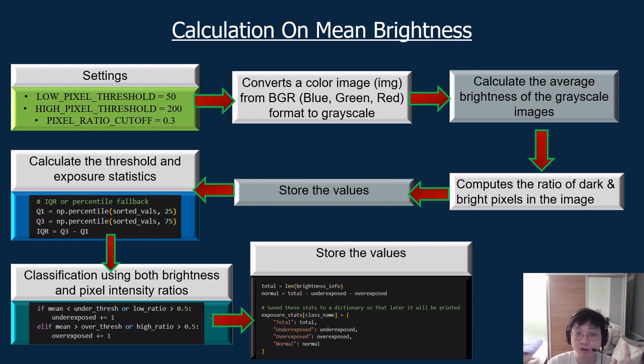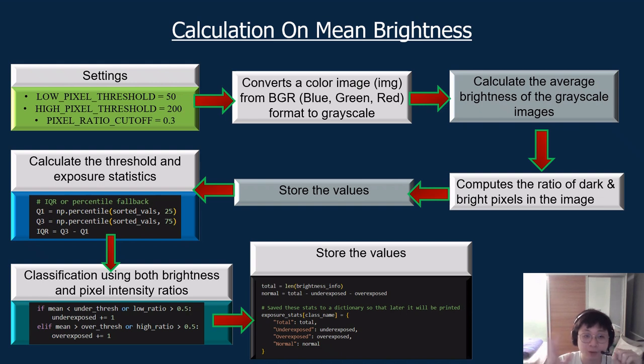And now after we convert the color image from RGB to grayscale, we calculate the average brightness for all the images. And then we compute the ratio of dark and bright pixels in the image, and store it in a list.